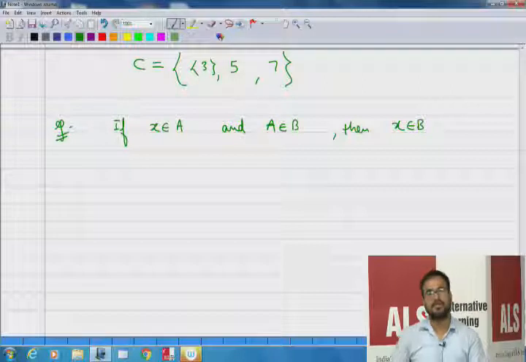If it is false in any of the cases, it is false. This is the logic for proving something true or false. Whatever example you are taking, if this statement is true, it has to be true in all the examples you can take. But if it is false in any example, then it is always false.